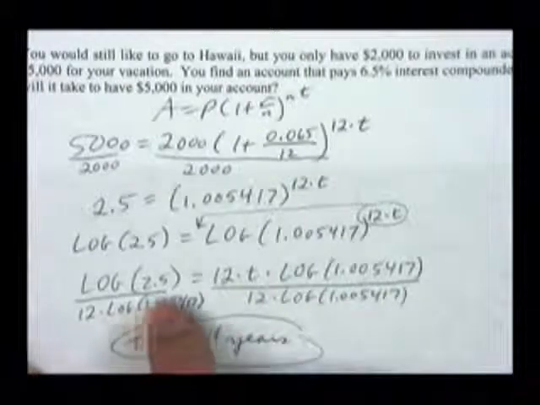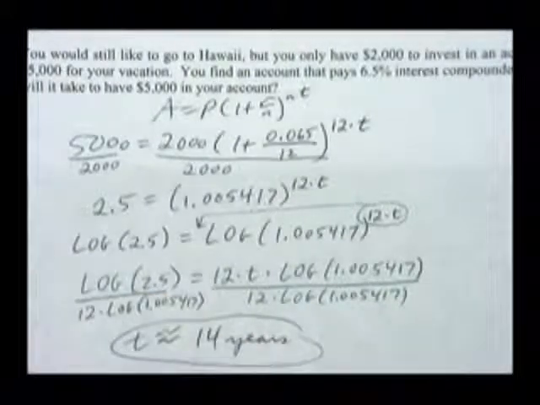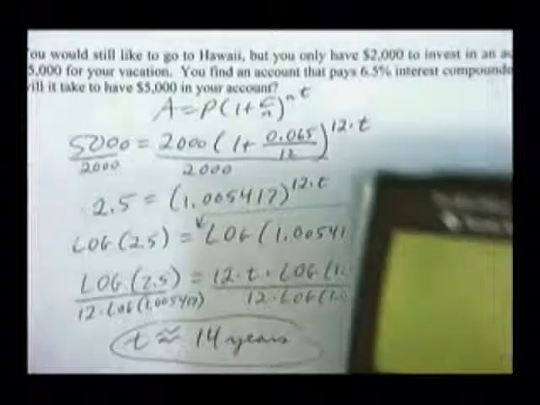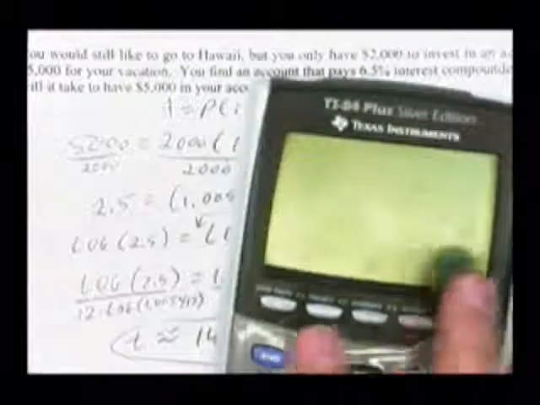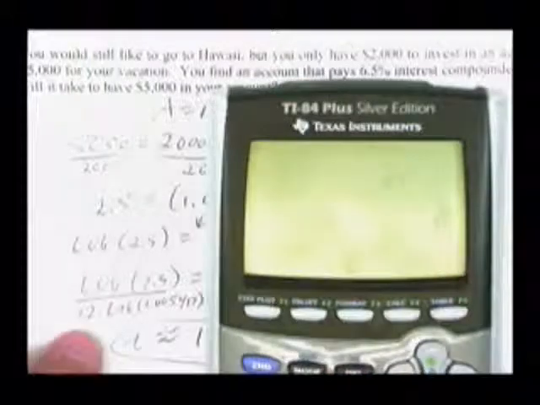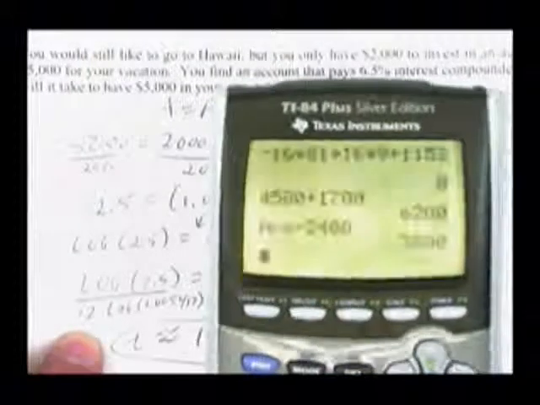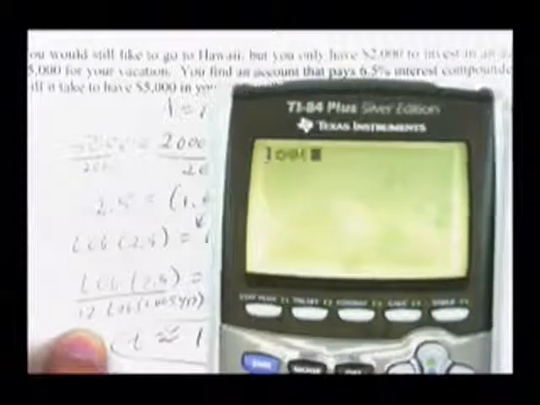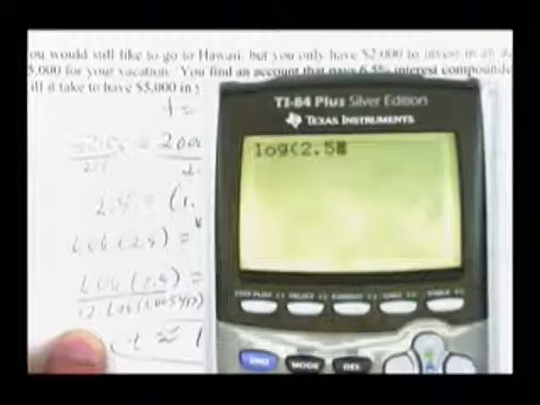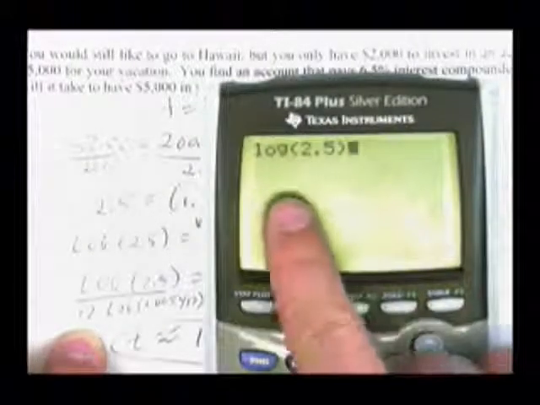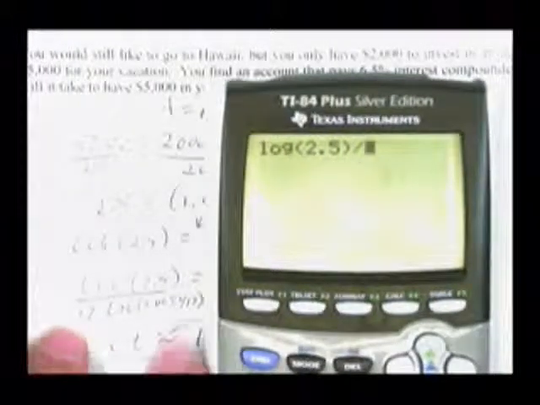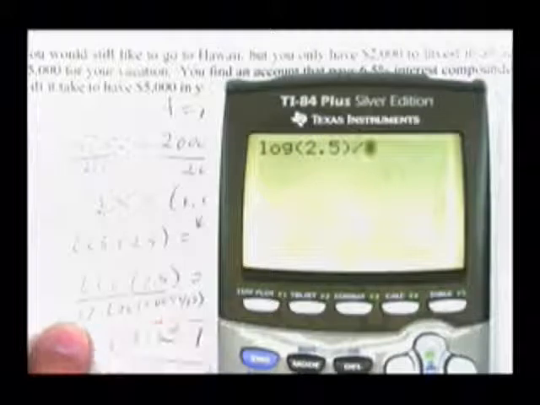And then what I'm going to do is pull the calculator out here real quick. I'm just going to put the left-hand side here into the calculator, and I get log of 2.5, close the parentheses for that logarithm, divided by, and here I'm going to put parentheses because I've got something within my denominator.